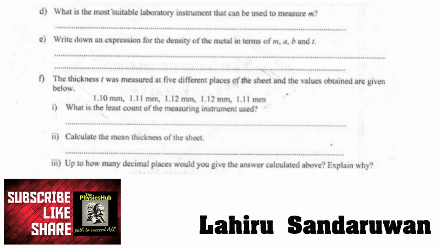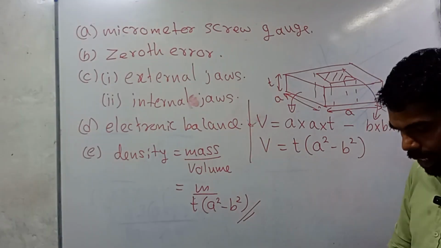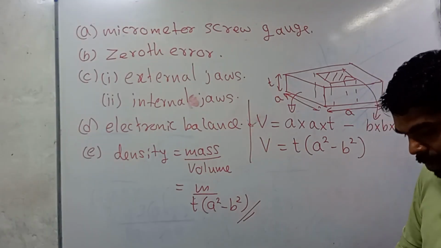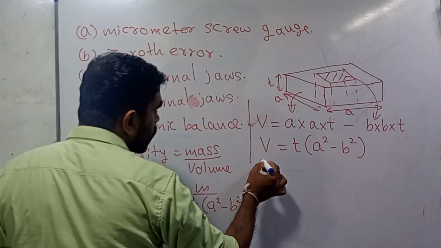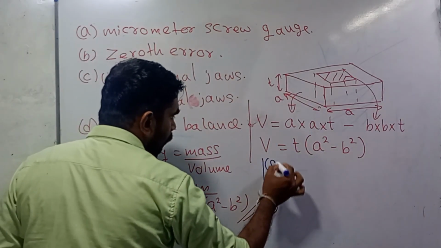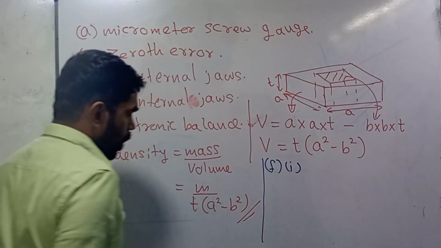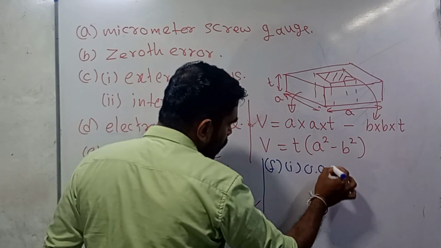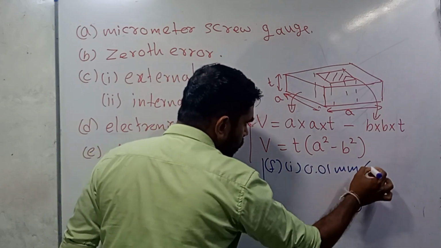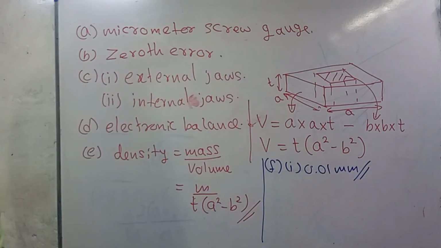What is the least count of the measuring instrument used? We can consider the given measurements. All given values are up to the second decimal place. Therefore, the least count of the measuring instrument should be 0.01 millimeters. We can obtain up to the second decimal place in millimeters.